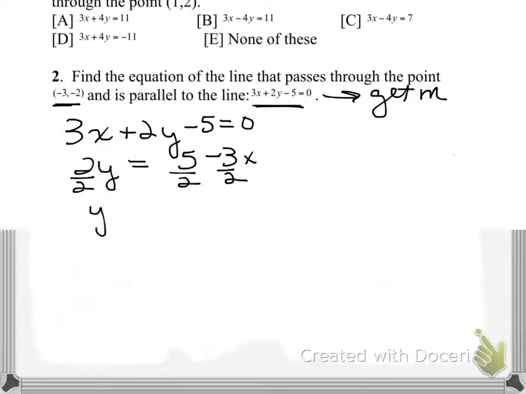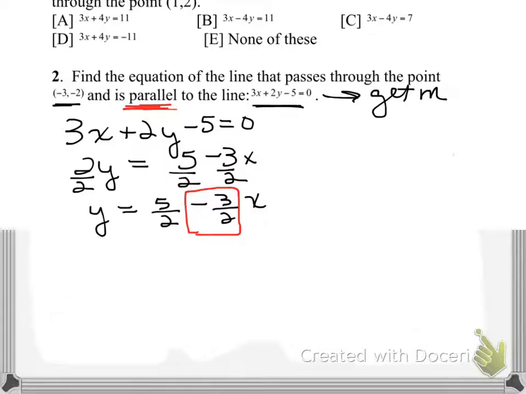Okay, now that equation is y equals 5/2 minus 3/2 x, and what is your slope? Your slope is negative 3/2. You want a line that's parallel to this, therefore that's the slope that you need.